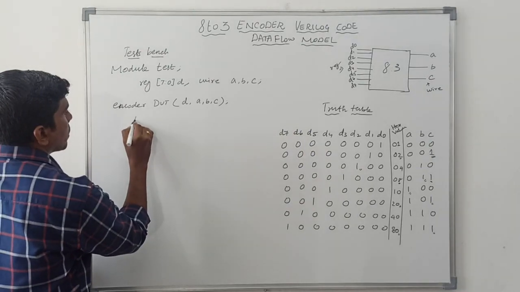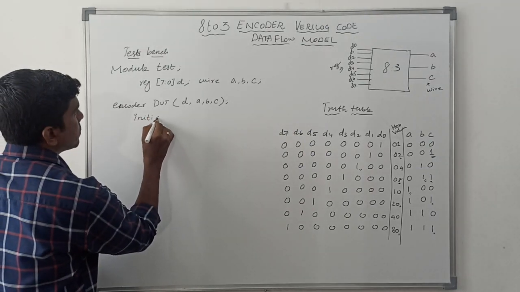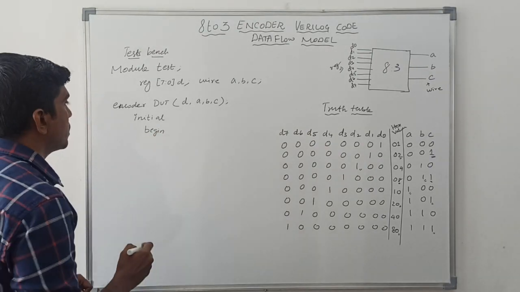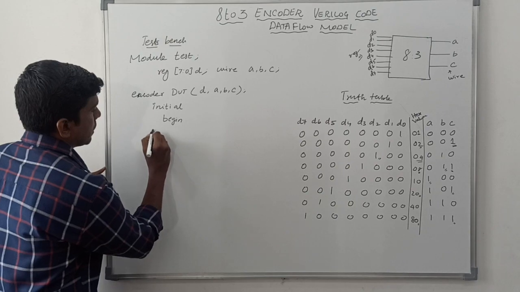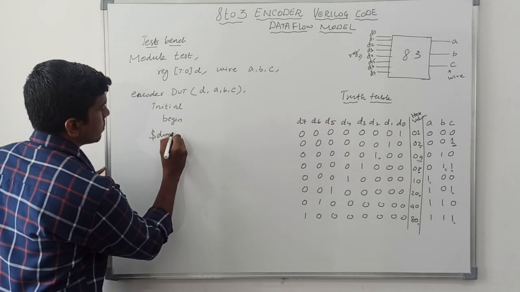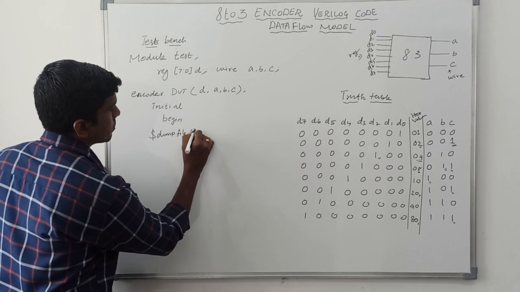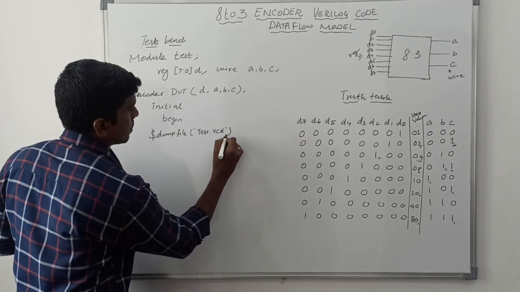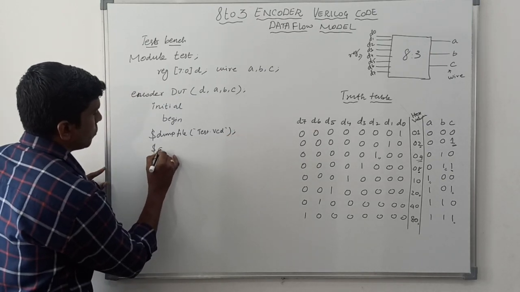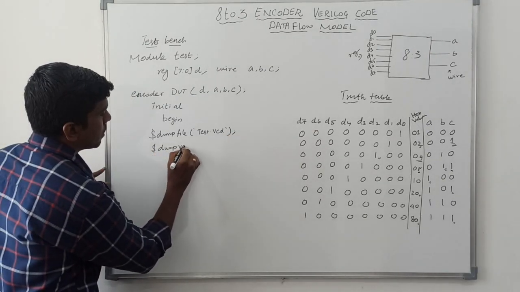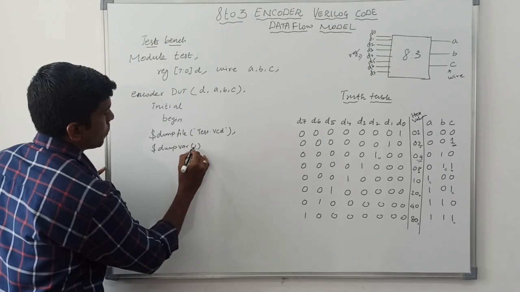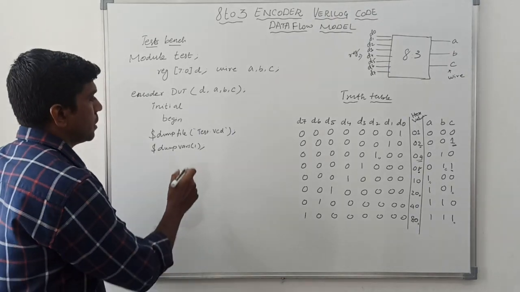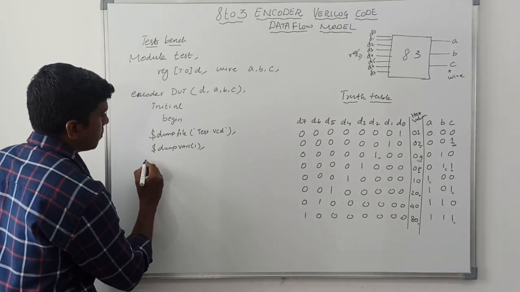Then initial begin. So begin the process. Then $dumpfile test.vcd, then $dumpvars 1. These two instructions are used to simulate the test bench Verilog program.